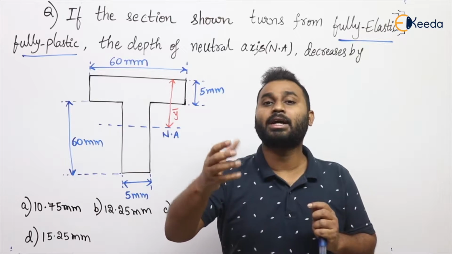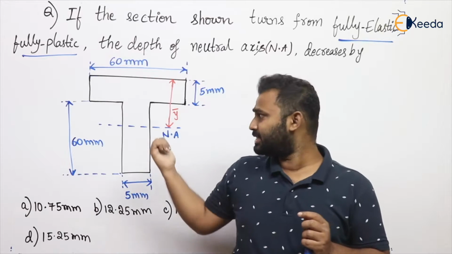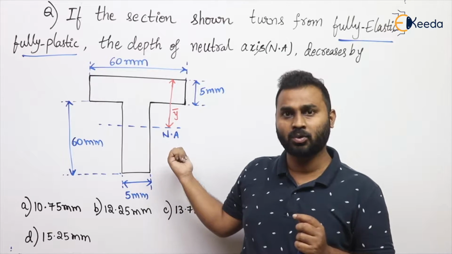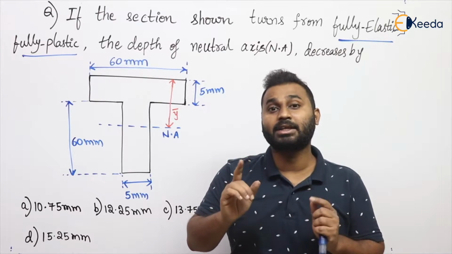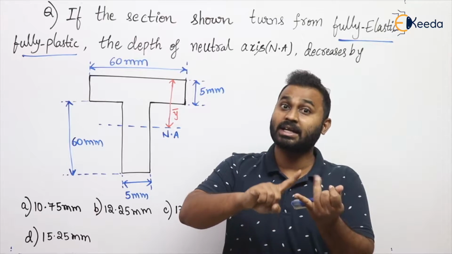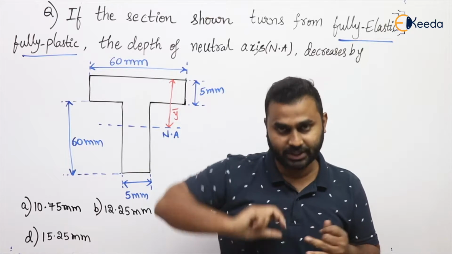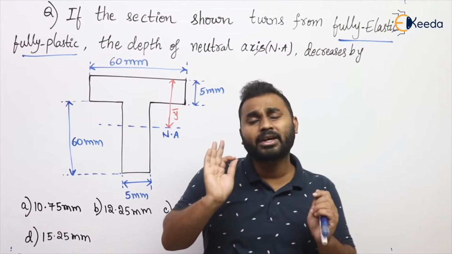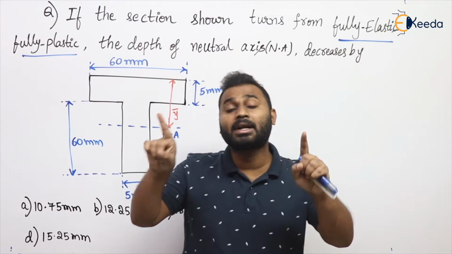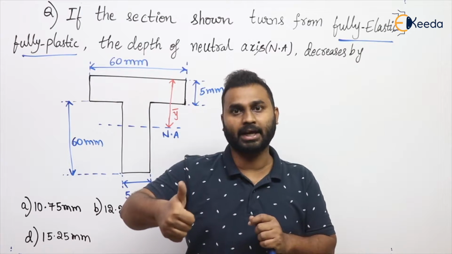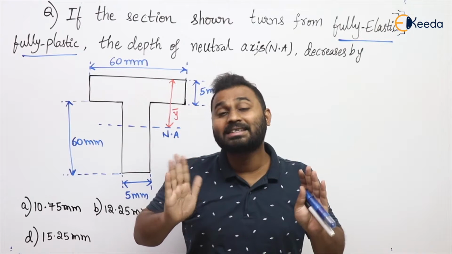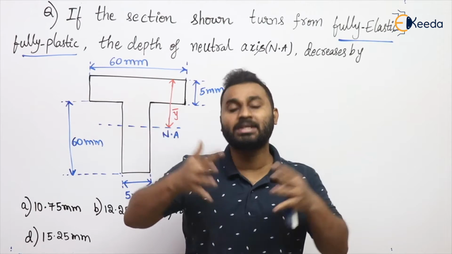For example, you take the T section shown on the board, but you take the example of a rectangular section. For a rectangular section, the plastic neutral axis and elastic neutral axis coincide with each other. It means from this we can conclude that for doubly symmetrical sections, the best example being a rectangle, the plastic neutral axis and elastic neutral axis coincide.